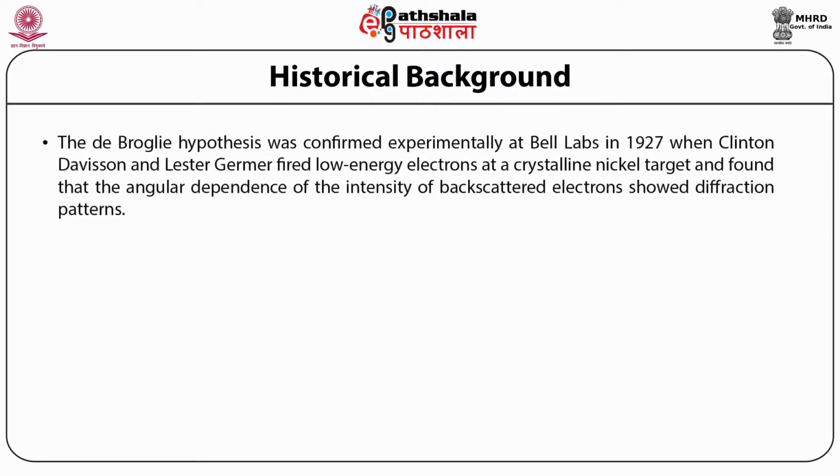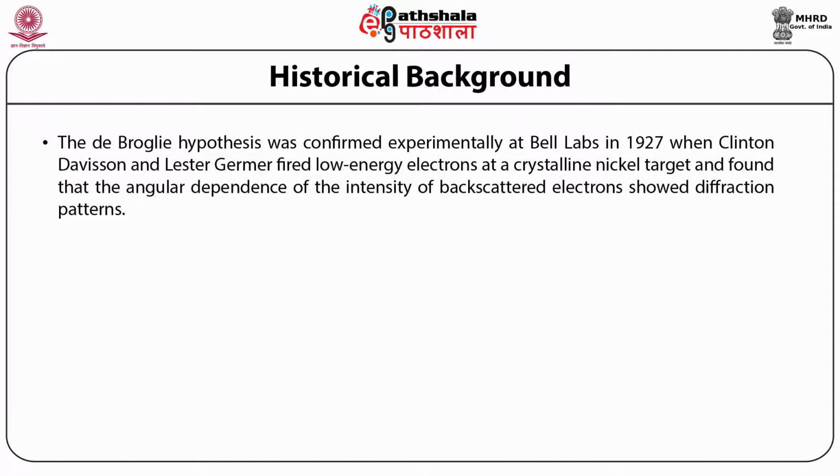The de Broglie hypothesis was confirmed experimentally at Bell Labs in 1927 when Clinton Davisson and Lester Germer fired low-energy electrons at a crystalline nickel target and found that the angular dependence of the intensity of backscattered electrons showed diffraction patterns.